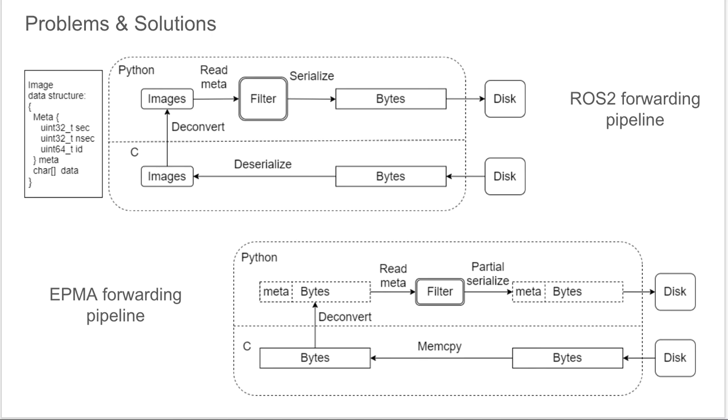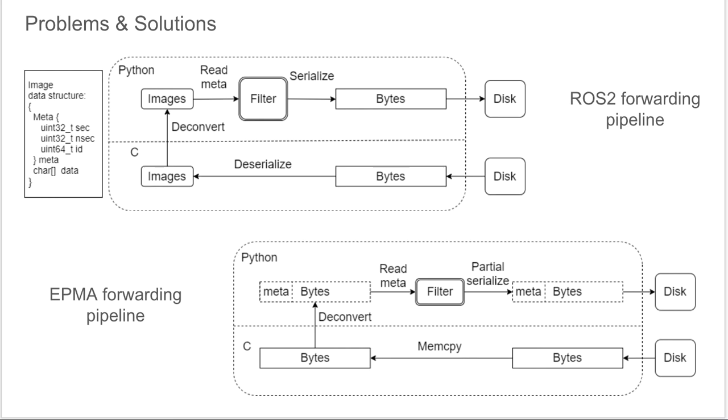Let's look at the pipeline. When the data is received by the component, the bytes are memory copied to the C buffer, and for the deconvert part, we only deconvert the meta part, and we get the message in Python expressions.